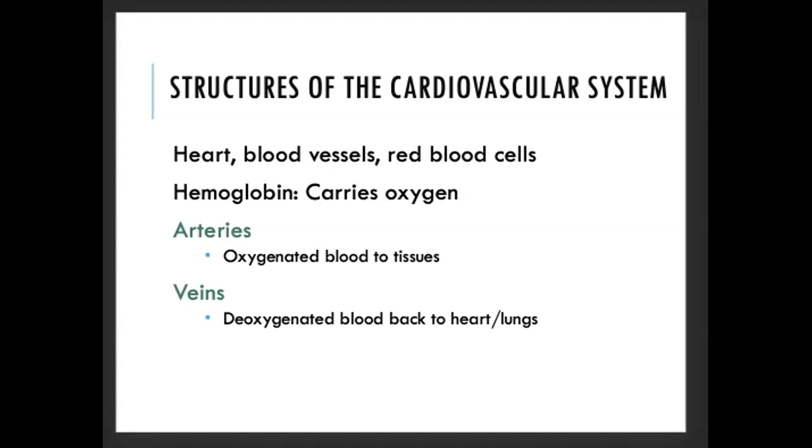Arteries have that oxygenated blood, so the hemoglobin still has that high oxygen concentration. Once it passes through the capillary bed and makes that gas exchange, the hemoglobin becomes deoxygenated as it goes through your veins to carry that blood back to your heart and back to your lungs to then be reoxygenated.